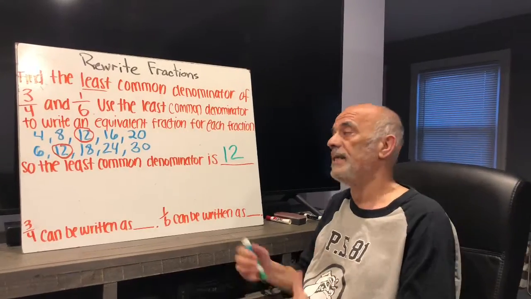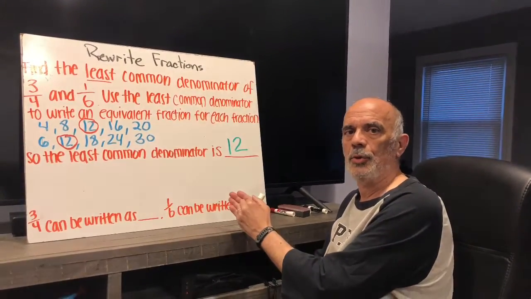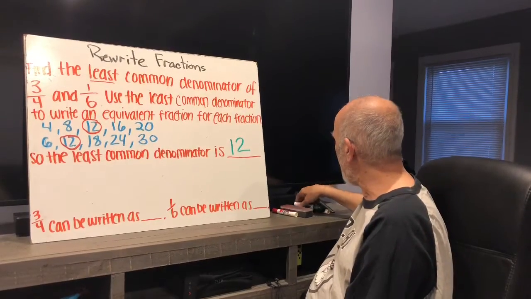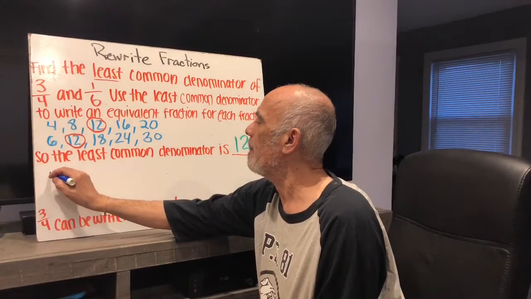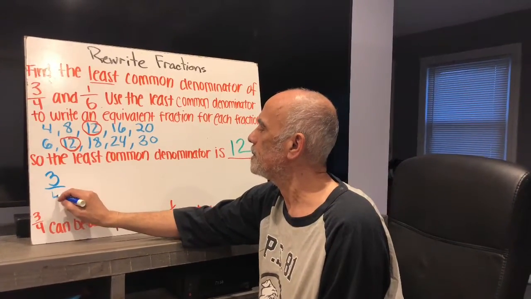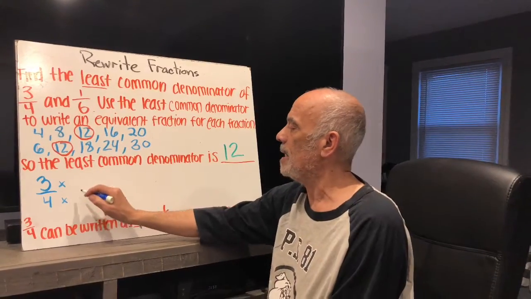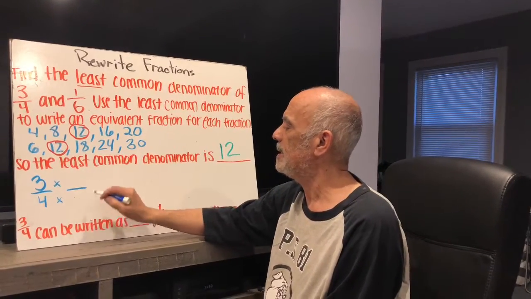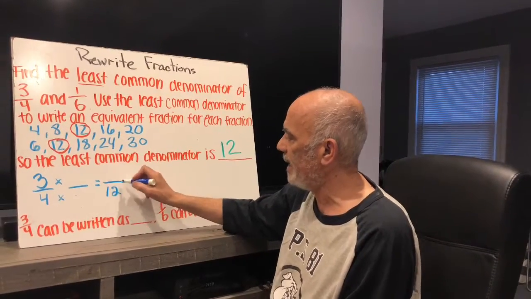Step 2 is to now change the fractions to have a 12 as the denominator. 3/4. And I want to multiply it times a number that's going to give me 12 as a denominator.